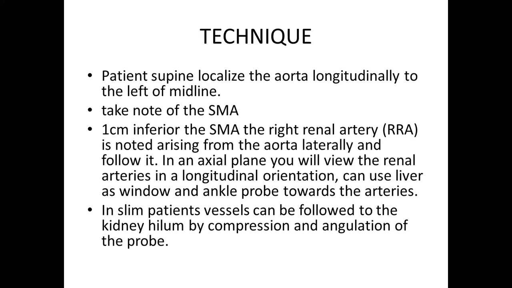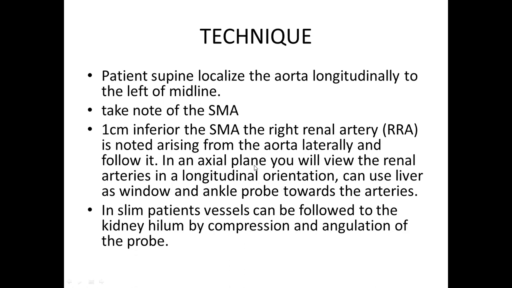Our renal vessels are usually found 1 centimeter below the superior mesenteric artery. So we will be in the transverse section, and we can see both the left and the right renal arteries arising from the lateral sides of the aorta, 1 centimeter inferior to the superior mesenteric artery. So first identify the superior mesenteric artery, and then 1 centimeter below, look for those.